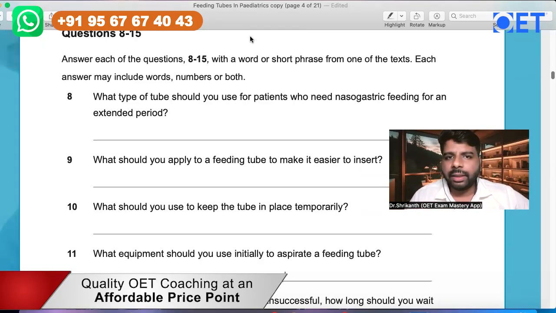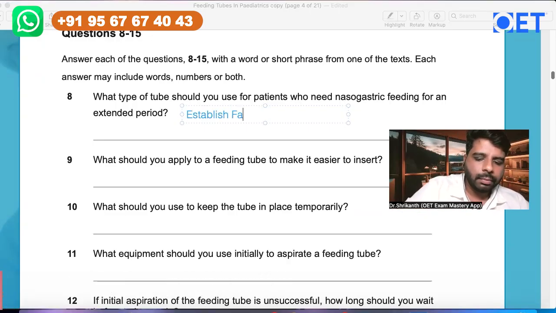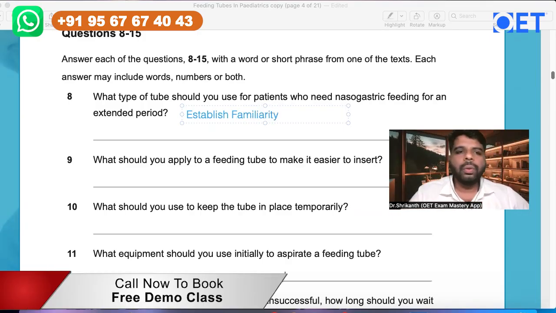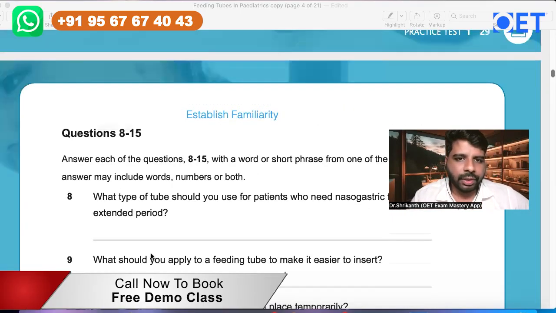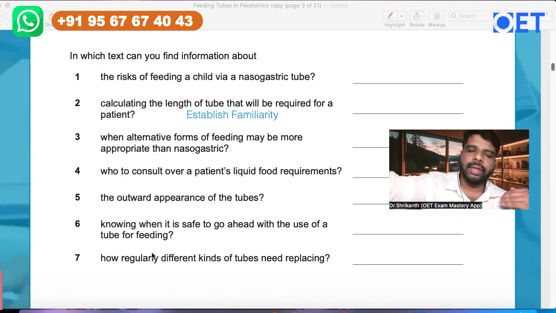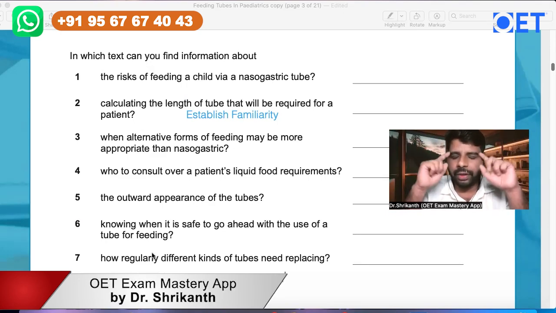The second advantage is you will establish something called familiarity. See, when you're doing the first 7 questions, the match the following questions, you're reading the question and you're going to text A, text B, and you will be reading with an aim, with a focus.